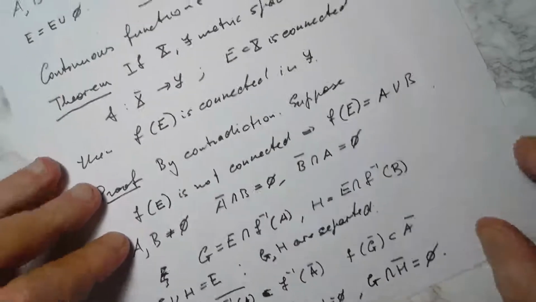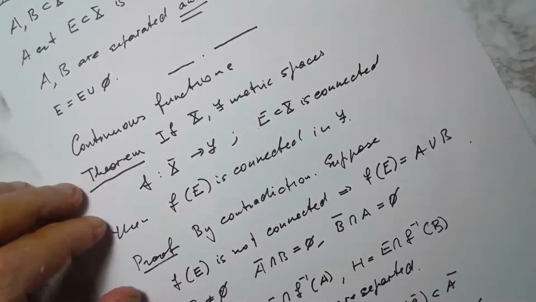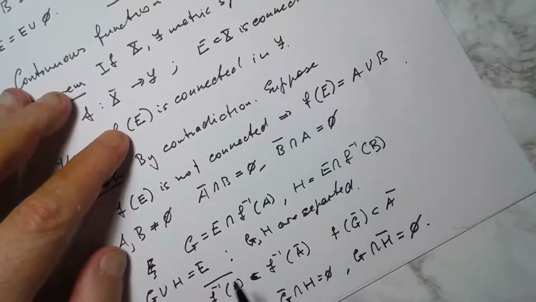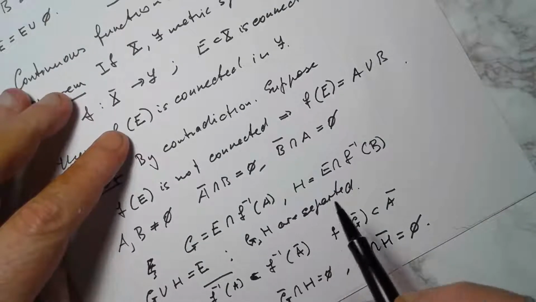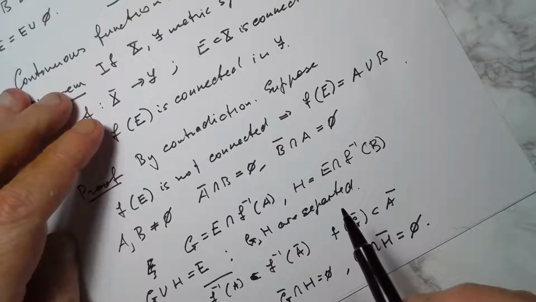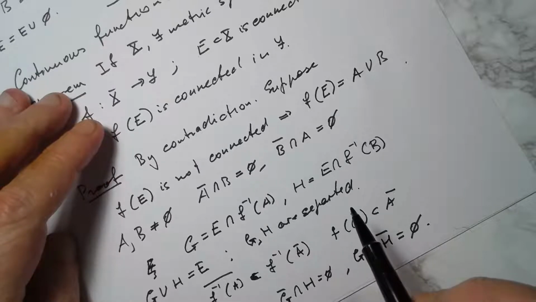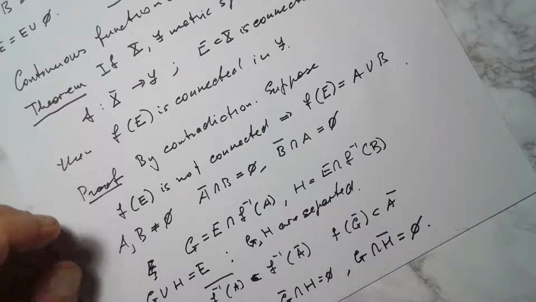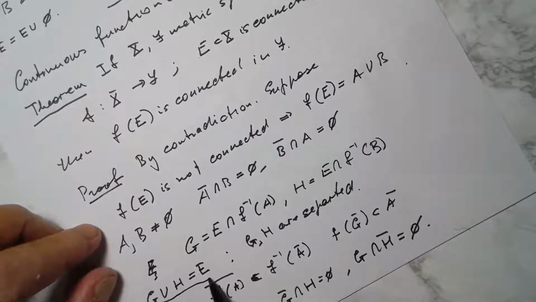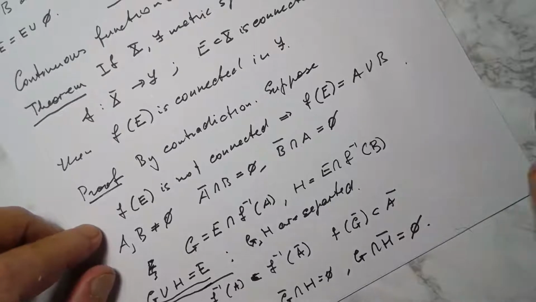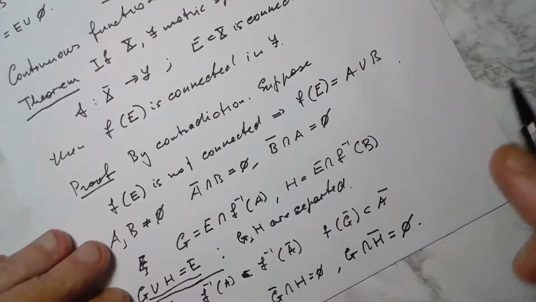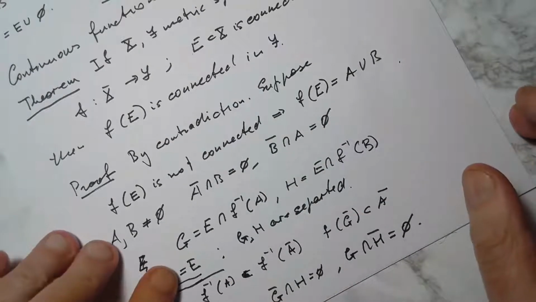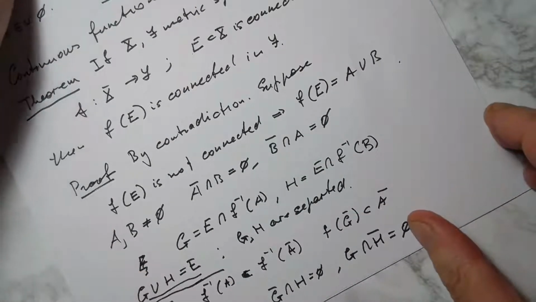Therefore we have a contradiction, because we assumed that E was a connected set. Here, G union H is E, and if f of E was not connected, then E would not be connected, and we have a contradiction.